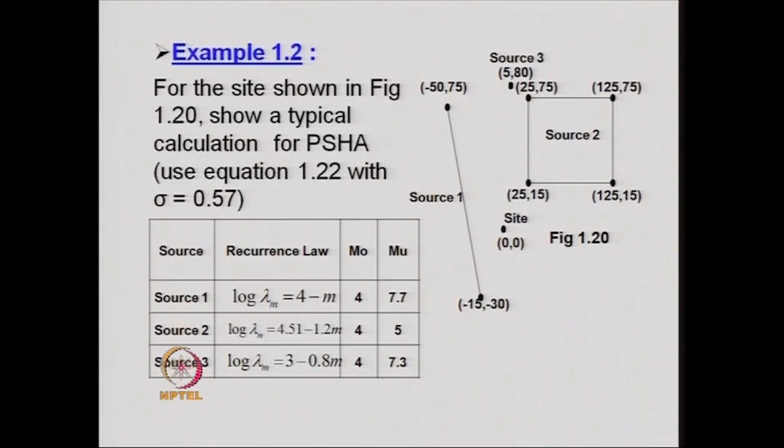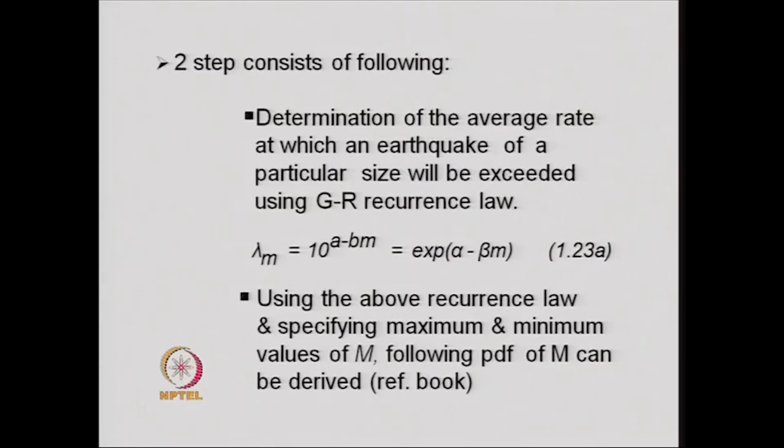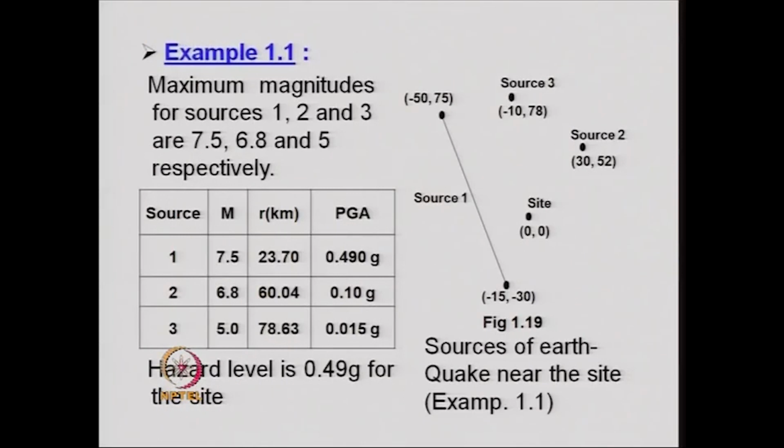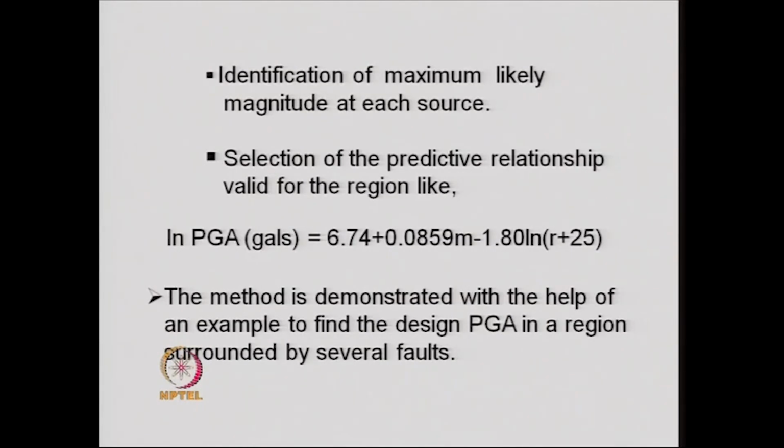We have to perform a typical calculation for PSHA, and for that the attenuation relationship that we used for the case of DSHA will be used, that is, ln PGA is equal to 6.74 plus 0.0859 m minus 1.80 ln of r plus 25.